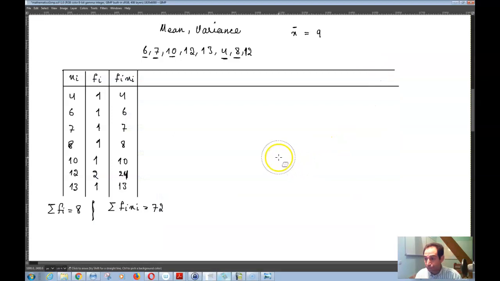Now, the next thing that you want to do is find the variance of your data. So the variance is basically sigma of f of i times x sub i minus x bar, squared, divided by sigma f of i.